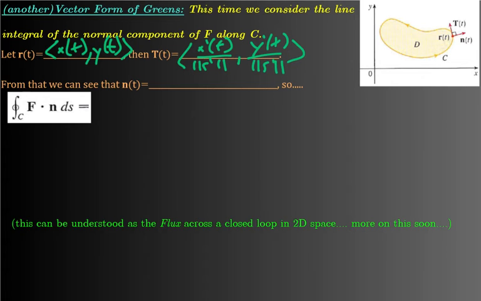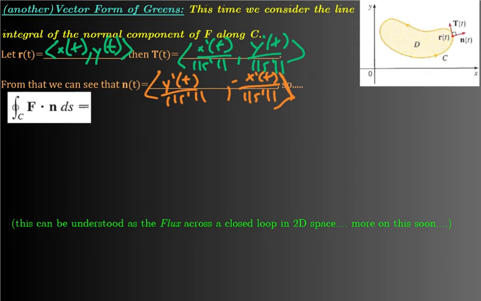So what I'm going to call the n of t is just y prime of t over the magnitude of r prime, comma, negative x prime of t over the magnitude of r prime. If you literally dot them, you would get 0 because you just flip and negate the two of those things, okay?